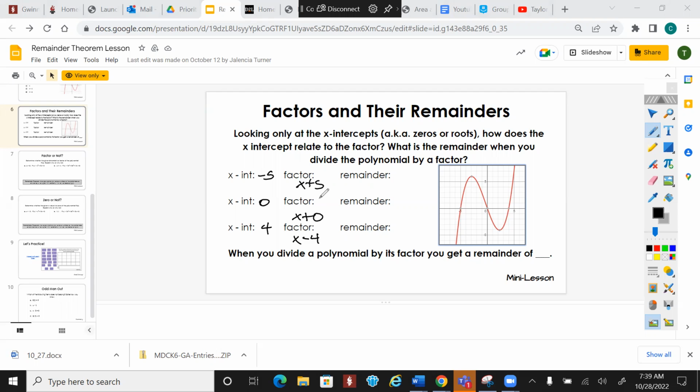If you took any of these and divided the original function by them, your remainders are all going to be 0, because these are all zeros of the function. So the remainder theorem is just a fancy way of saying, if you plug the number in, you'll get whatever the y value is. When you divide a polynomial by its factor, you get a remainder of 0.